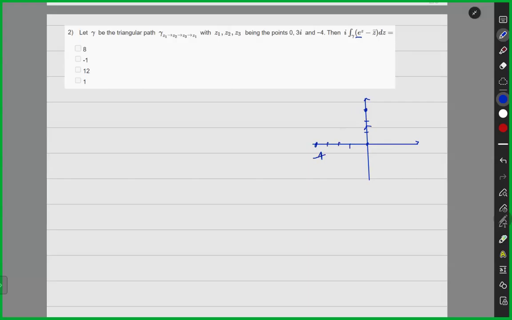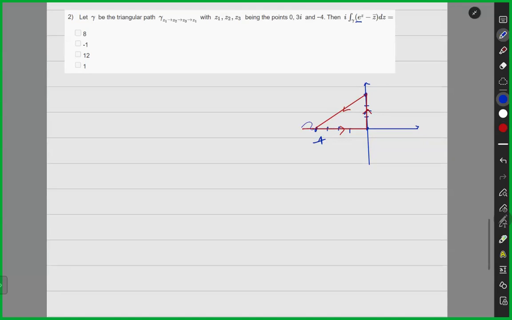So this is our closed curve, which is the triangle, and we know the Cauchy theorem.